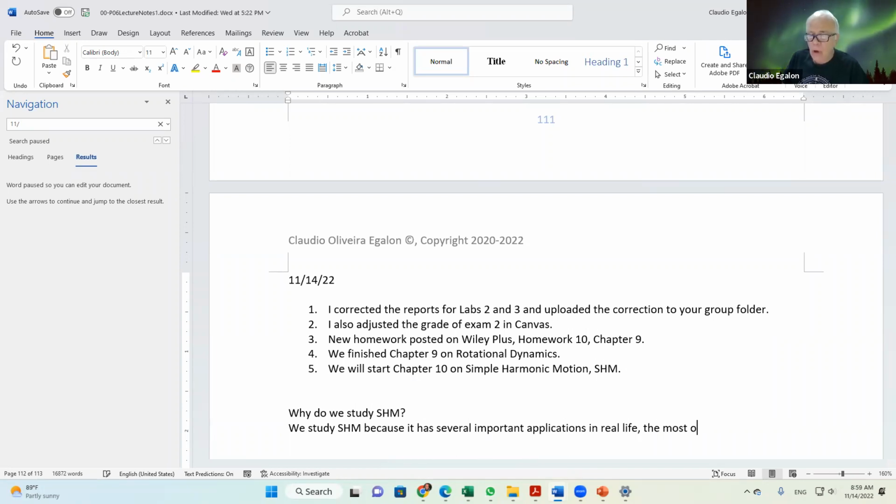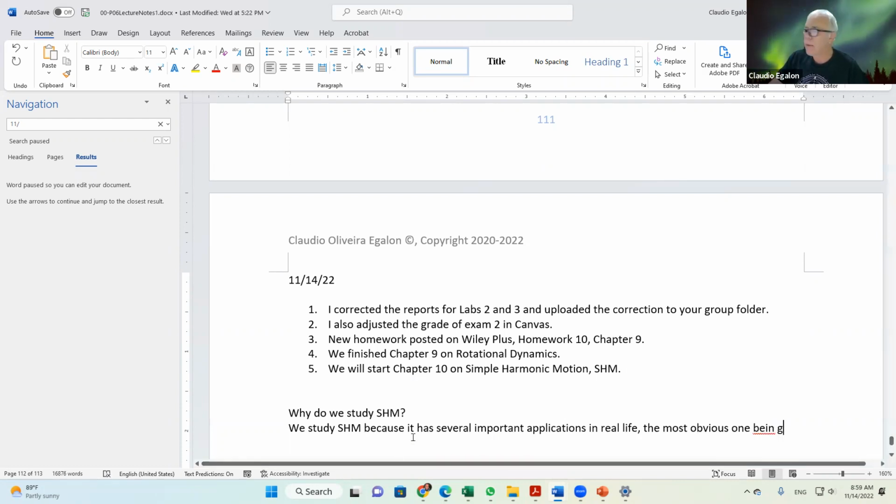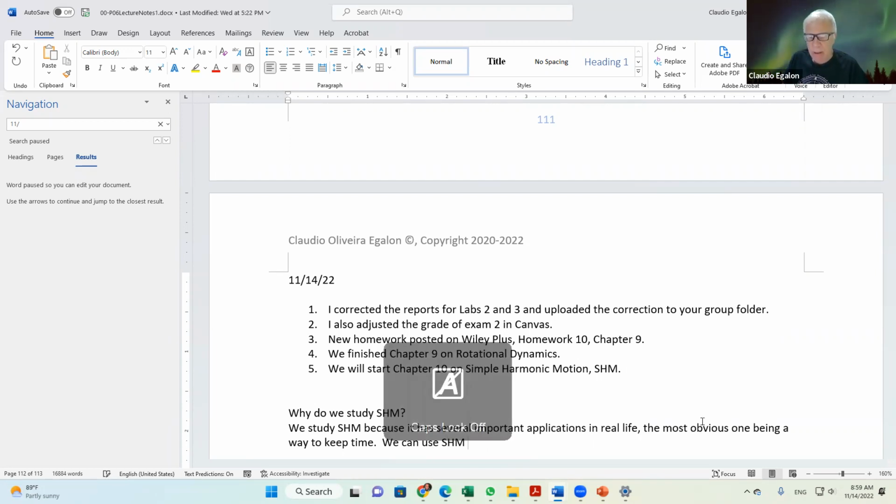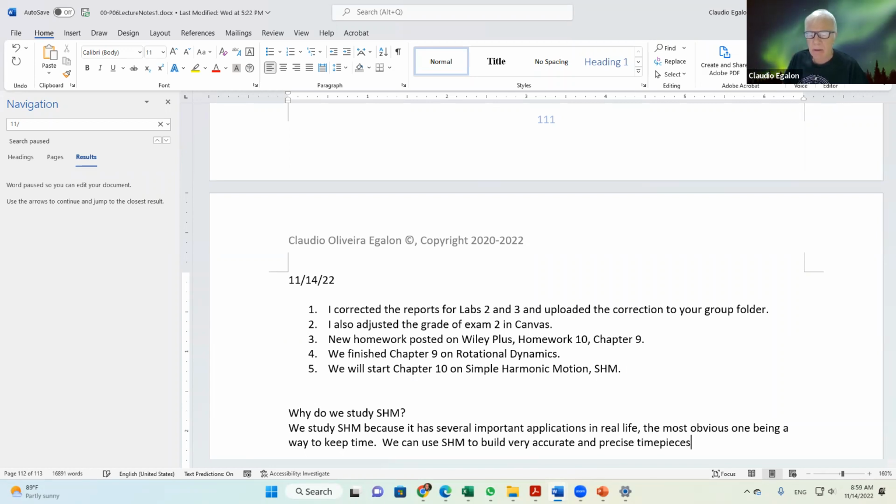The most obvious one being a way to keep time. That's the most obvious one. We can use simple harmonic motion to build timepieces, okay? We can use SHM to build very accurate and precise timepieces.